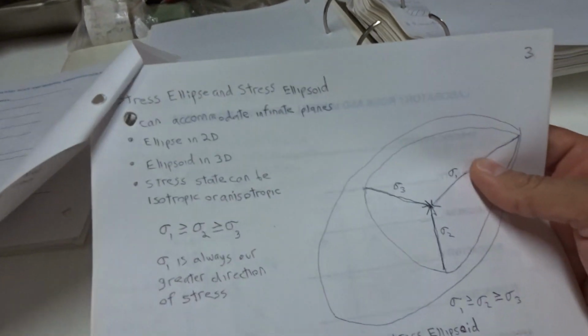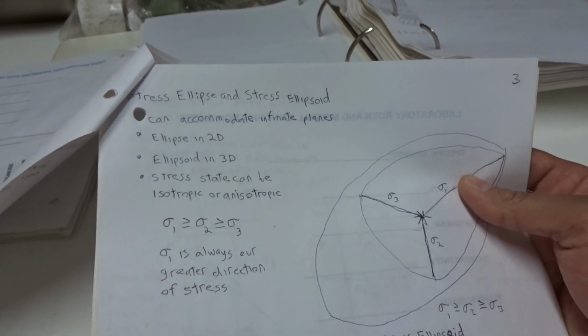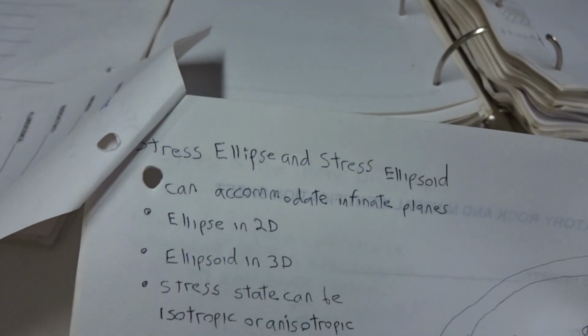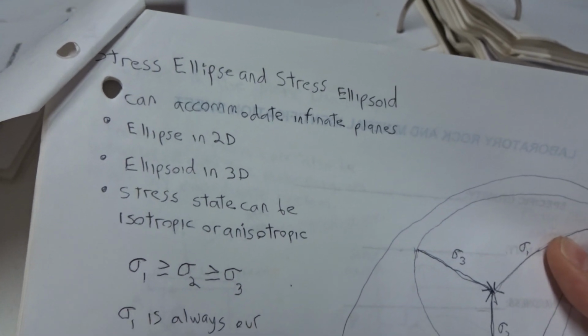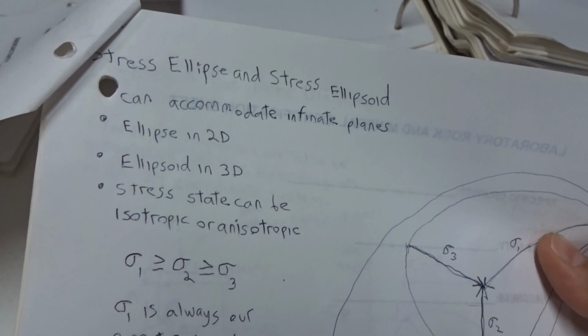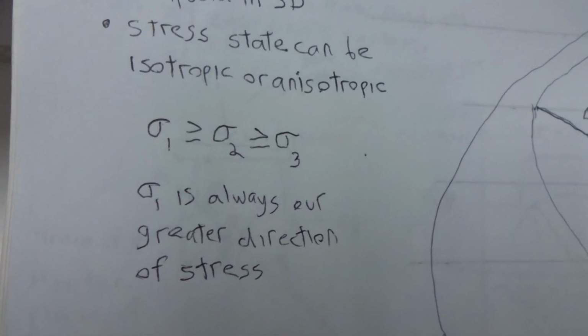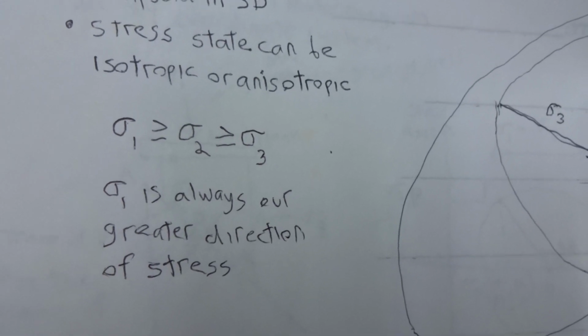The stress ellipsoid and stress ellipse. They can accommodate infinite planes. An ellipse is in 2 dimensions, and an ellipsoid is in 3 dimensions. Isotropic or anisotropic. Sigma 1 is always our greatest direction of stress.